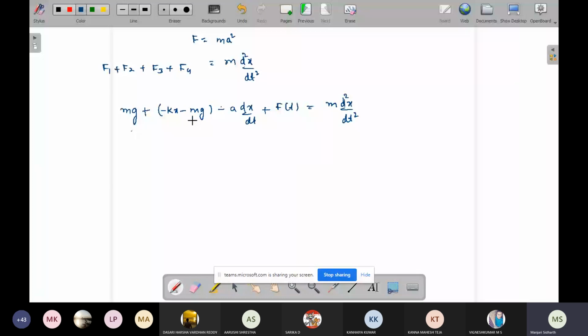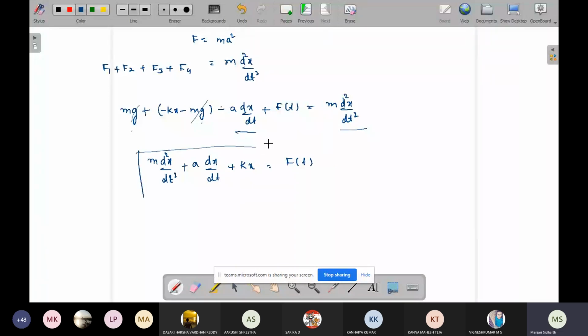Right, now mg minus mg cancelled, so because this is second order, take it this side, then minus a dx by dt, minus kx. No, this should be plus, equals f(t).